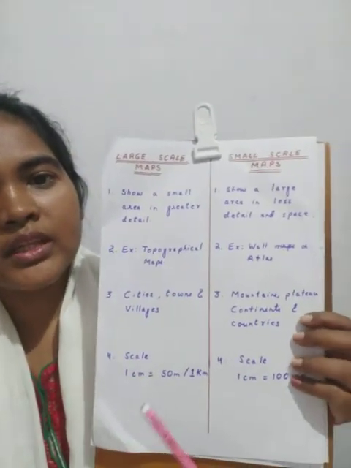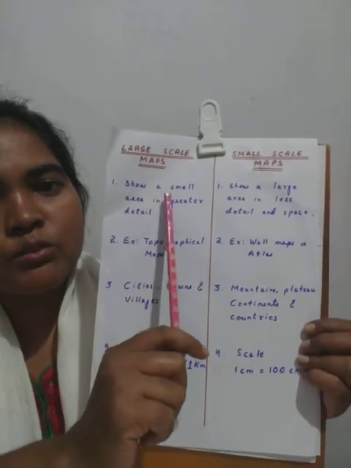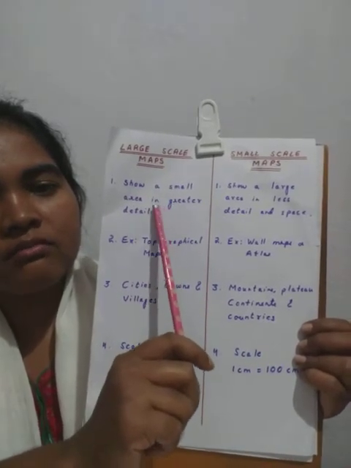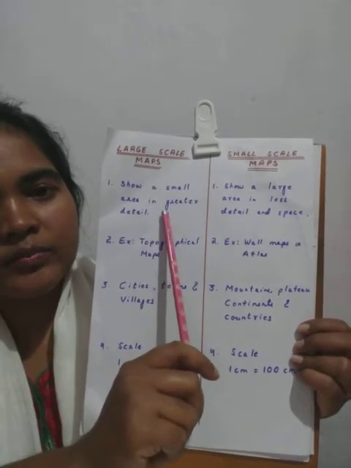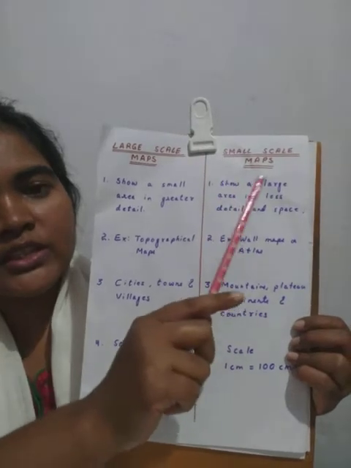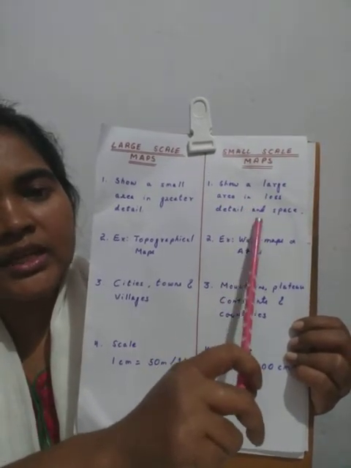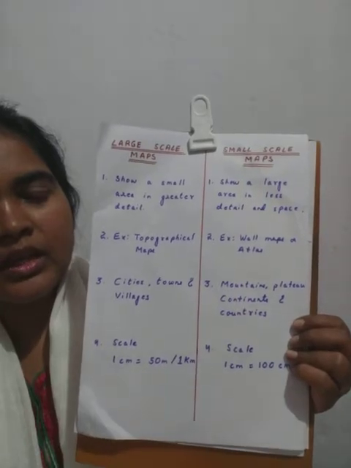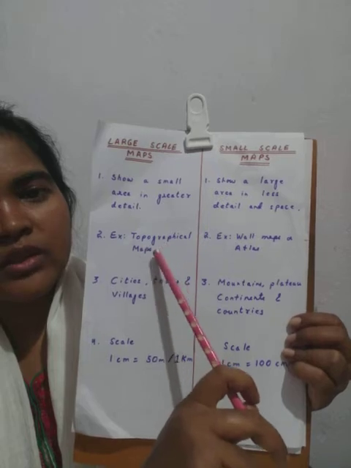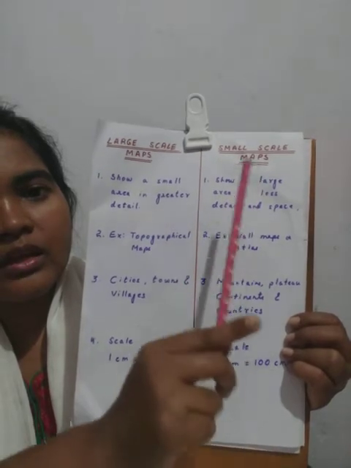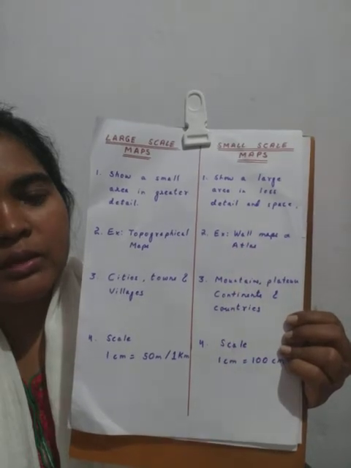First of all, large scale maps show a small area in greater detail and space, whereas small scale maps show a large area in less space and detail. Examples of large scale maps are topographical maps. Small scale maps, examples are wall maps or atlas maps.